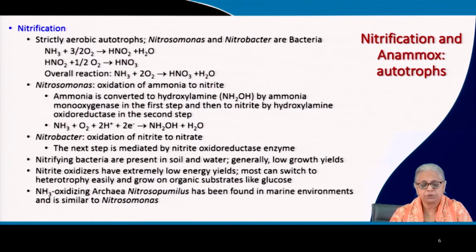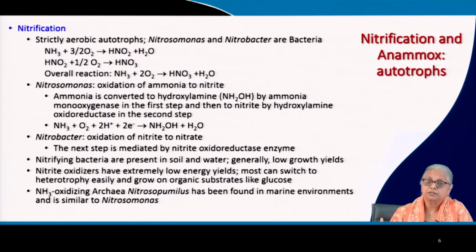So the first step is shown over here. Ammonia plus oxygen plus 2 protons plus 2 electrons will go to hydroxylamine. This hydroxylamine is then converted by the hydroxylamine oxidoreductase enzyme to nitrite. Then we come to nitrite. Nitrite has to be converted to nitrate, and that is done by Nitrobacter.